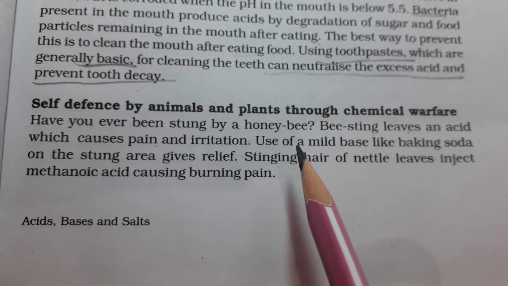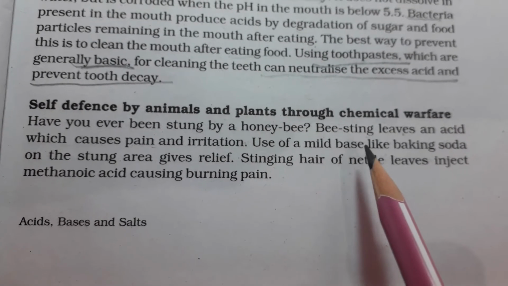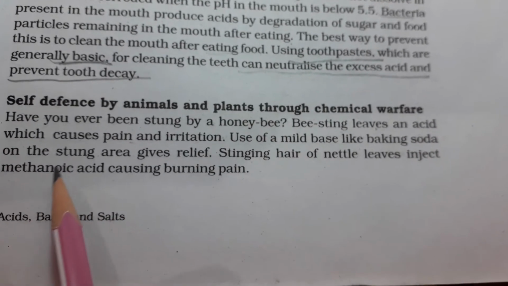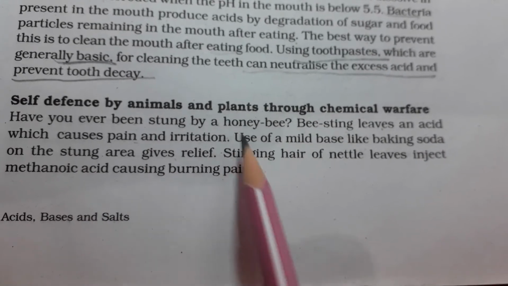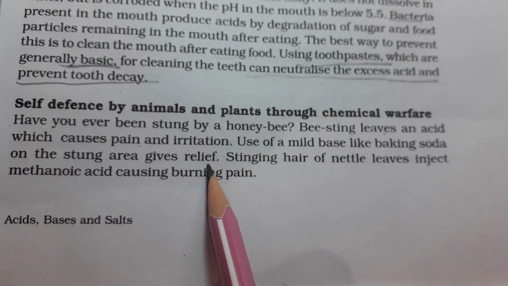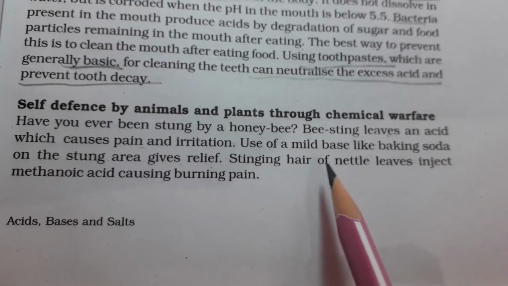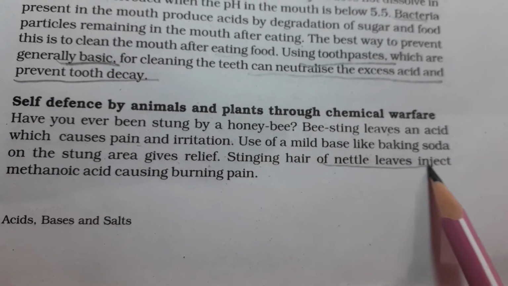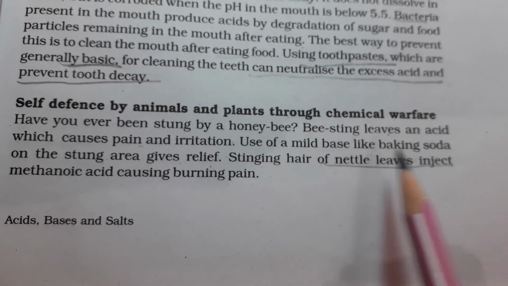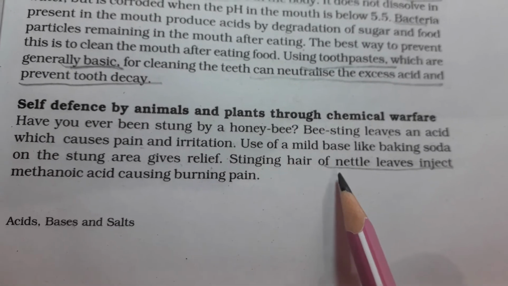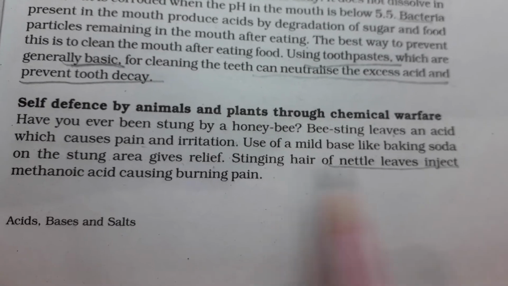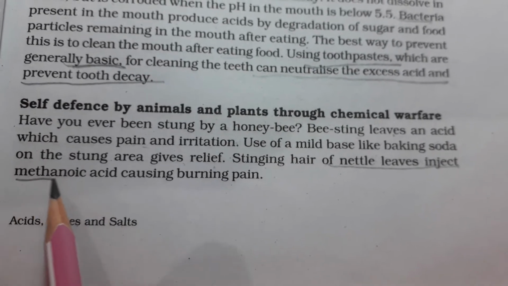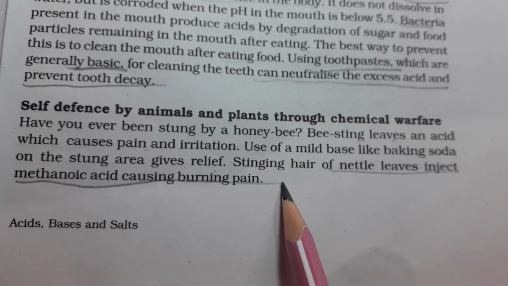But when you use a mild base like baking soda on the stung area, we get very much relief. In the same way, nettle is a plant whose leaves have stinging hairs, and they inject methanoic acid, causing burning and pain.